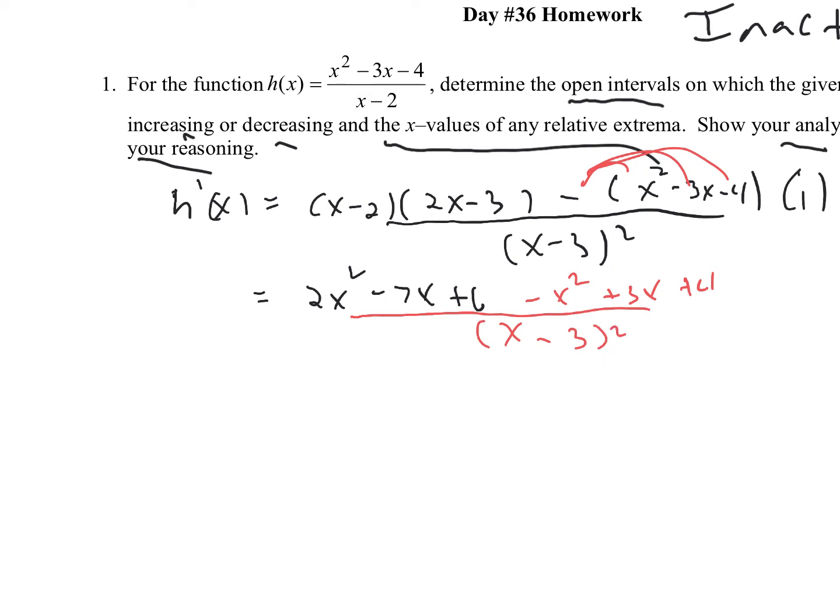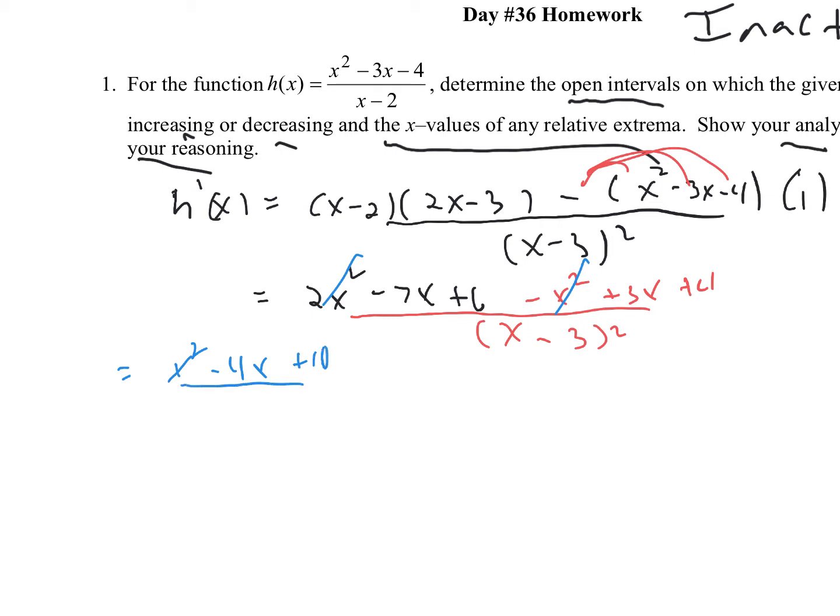Simplify one more time: 2x squared minus an x squared leaves an x squared. Negative 7x and plus 3x gives minus 4x. Plus 6 and plus 4 is a plus 10.